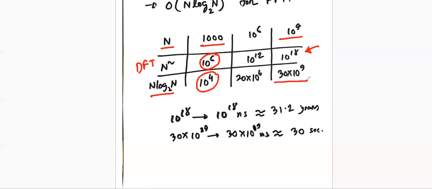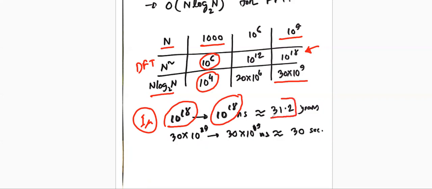On the time scale, if each and every multiplication needs just 1 nanosecond, then 10 to the power 18 takes 10 to the power 18 nanoseconds, which is equivalent to almost 31.2 years to do the calculation.